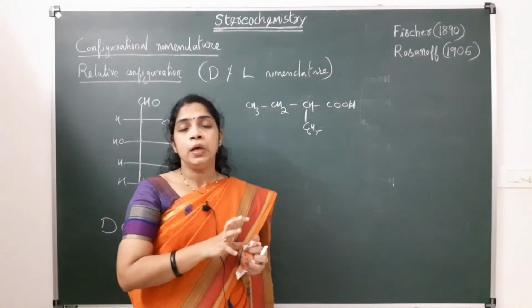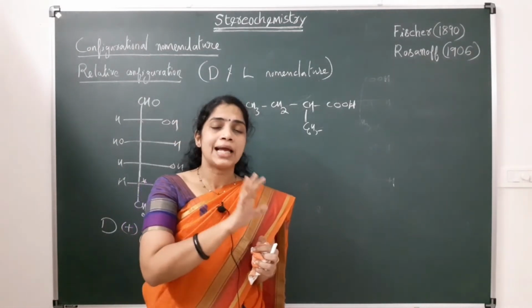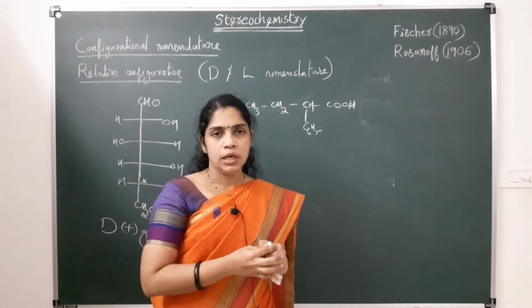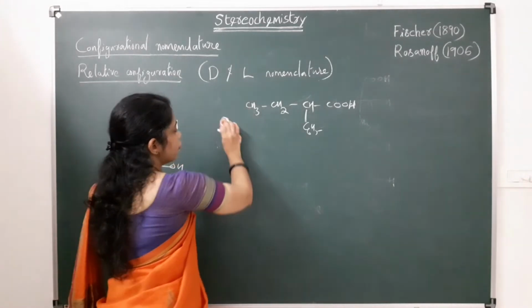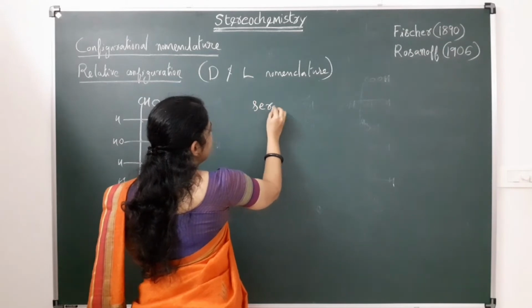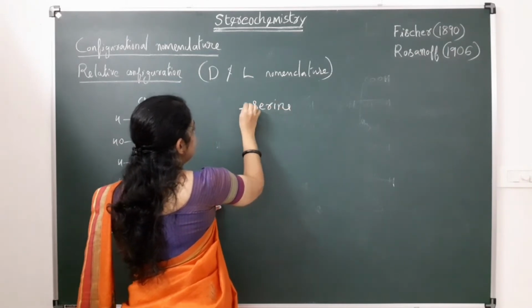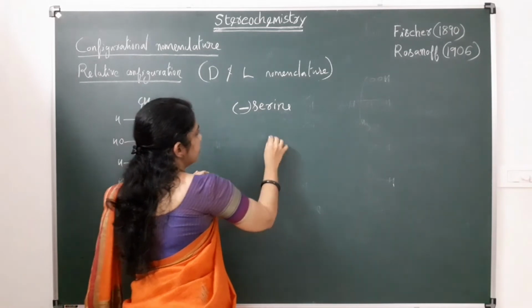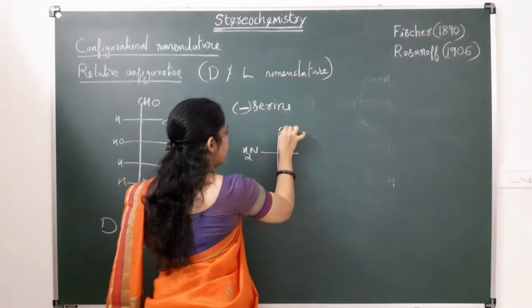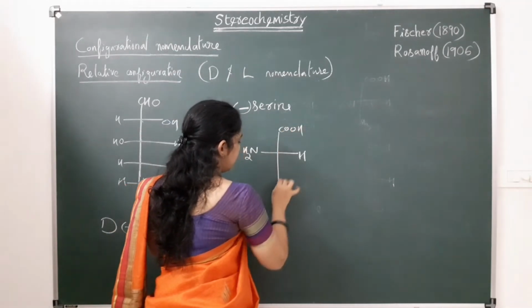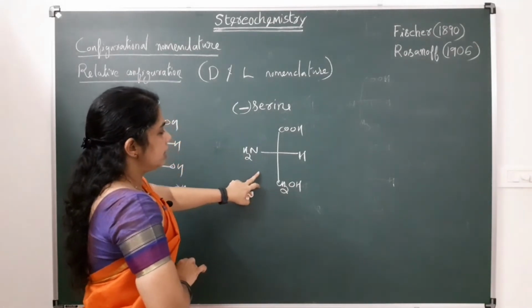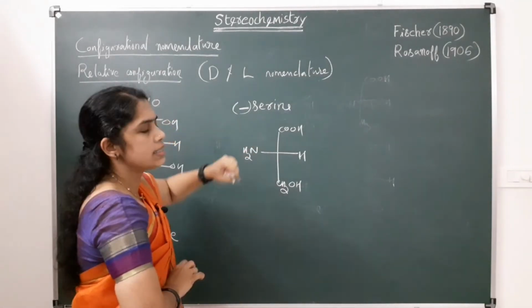So there are limitations, and actually Fischer-Rosanov's prediction of finding the D and L configuration is suitable for sugar molecules and amino acids. In the case of amino acids, the reference compound is usually minus serine. Here NH2, COOH, and here it is CH2OH. So this is serine and this is minus serine.